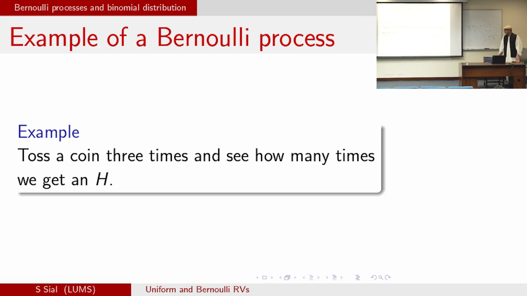We toss a coin 3 times and see how many times we get an H. So, probability of 0 is n choose 0, p to the 0, q to the n minus 0. Probability of a 3, n choose 3, p to the 3, q to the n minus 3.